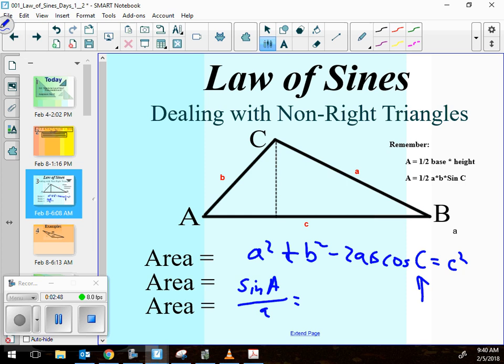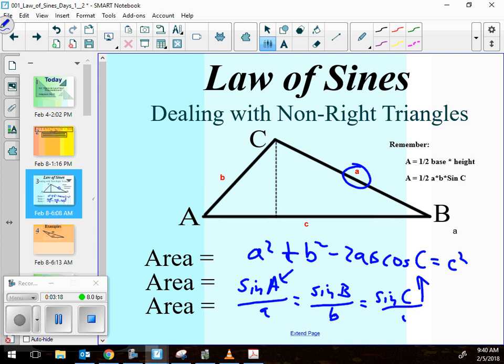You've got to get your capitals and your lowers put together, because the capitals are the ones that are the angles. So sine of big A makes sense, but sine of little a wouldn't, because little a is a side.